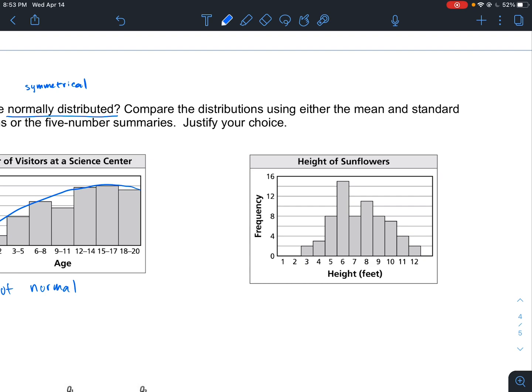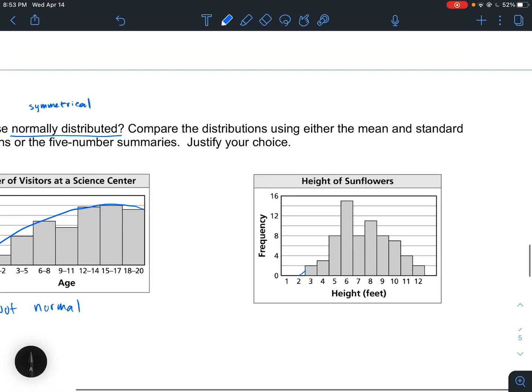Here, if we take a look at this, I know that we have this right here, but generally I would say that this is pretty normal. I know that we have a lot right here at 6. We have that mode that's pretty high. But generally, it's actually pretty centered. It's really not that far off from being symmetrical.